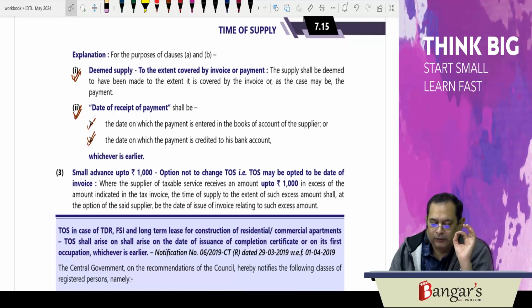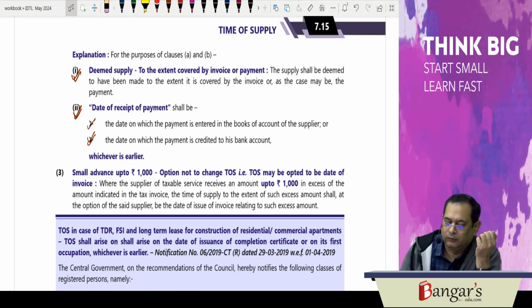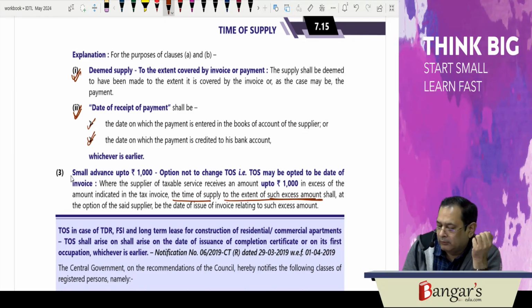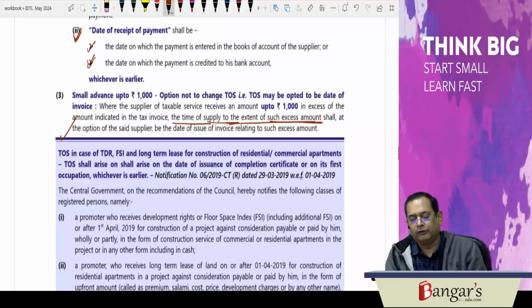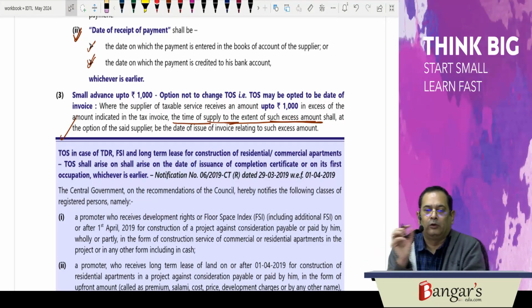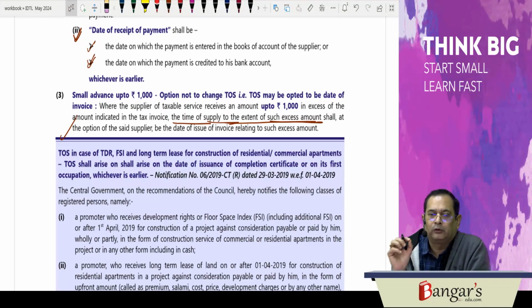So where the supplier of taxable service receives an amount up to 1,000 in excess of the amount indicated in the tax invoice, the time of supply to the extent of such excess amount shall, at the option of the said supplier, be the date of issue of invoice relating to such excess amount.